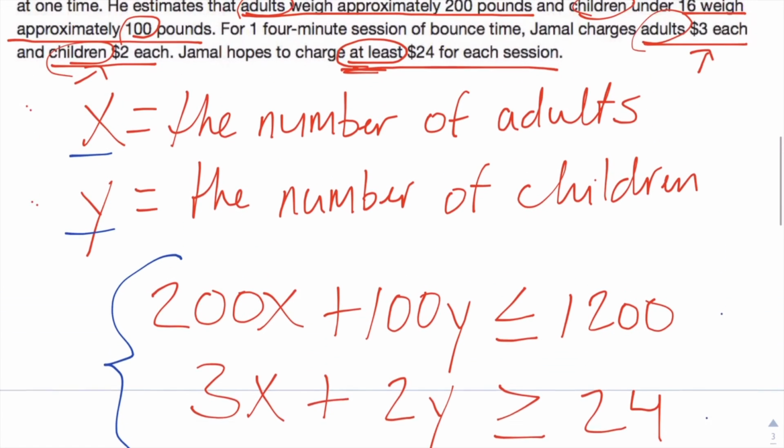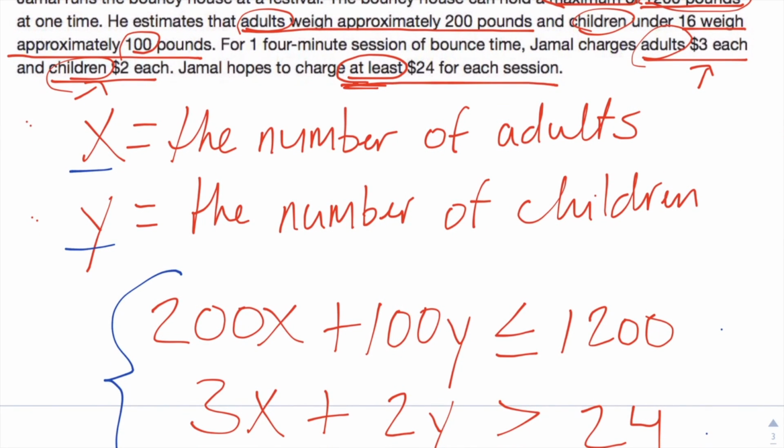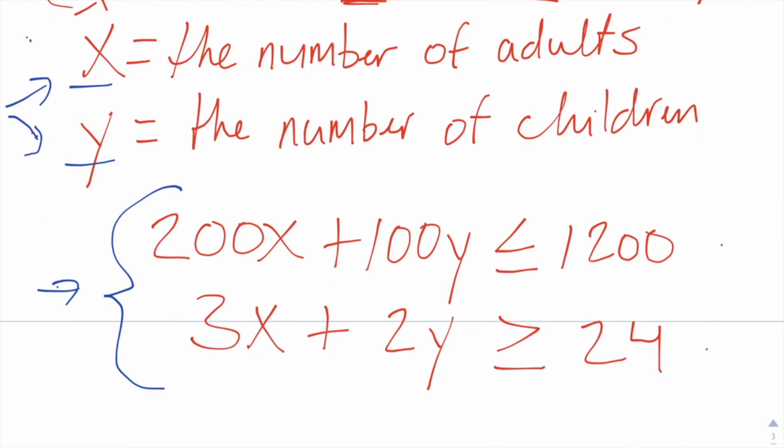I didn't put the instructions on the video, but this particular problem, that's all it's asking you for. It's asking you to define the variables and to give a system of linear inequalities. Okay? And that's it. Once you get good at this, then we start solving the system, and we've done this before. Alright, thank you very much.